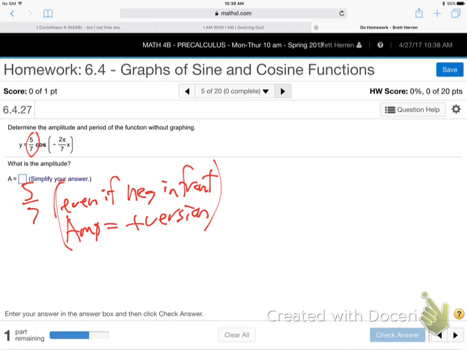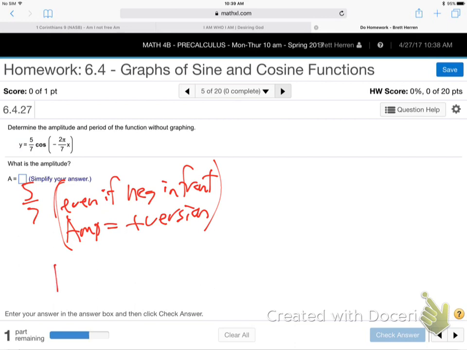I don't care if you give me negative on a test, but MyMathLab will hassle you. So even if they made that negative 5/7, you would say the amplitude is positive 5/7, because they just mean the distance from middle to top. And whenever you talk distance, you don't give a negative, right? That's their weird thing.